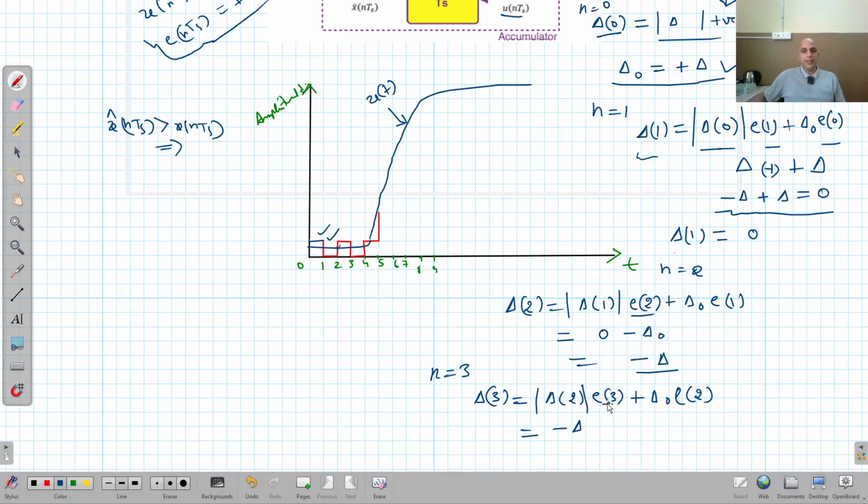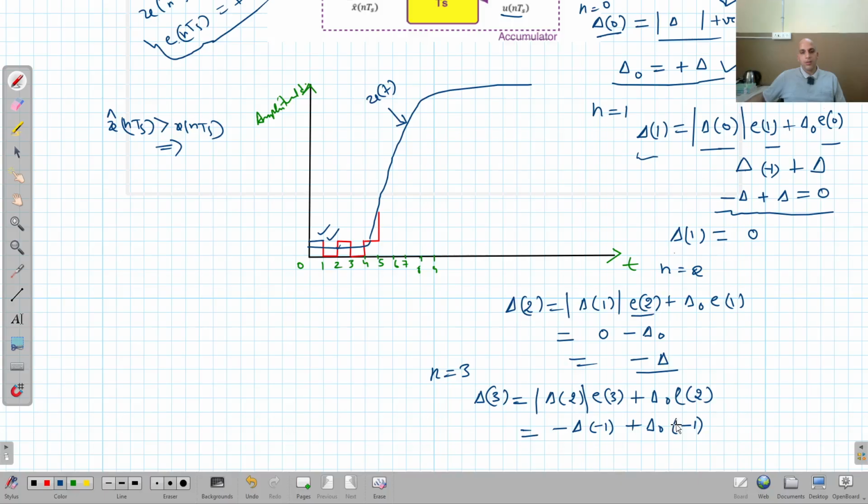And what is E3, the error signal at this point? If you look at E3, it is higher than this, which means the error signal is negative. So it is minus 1, plus delta naught into E2, the error signal at 2. The error signal at 2 is again negative.